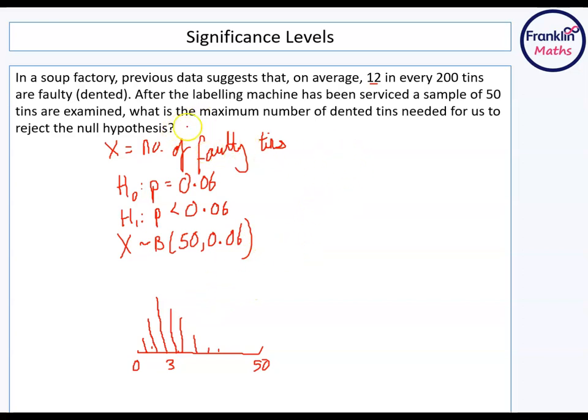One thing I'm doing here, I'm putting a significance level, which is quite interesting. I'm going to use a 1% level then. So what happens if you make your own questions and rush? 1% significance levels. Right, so let's work out then the probability that X is less than or equal to 2.